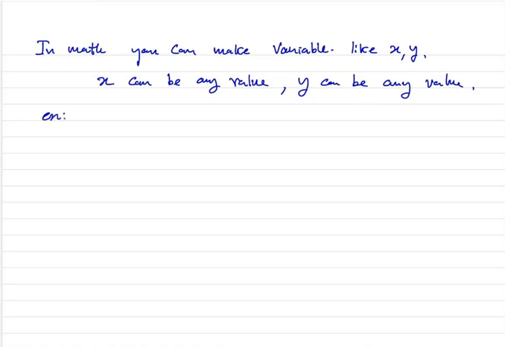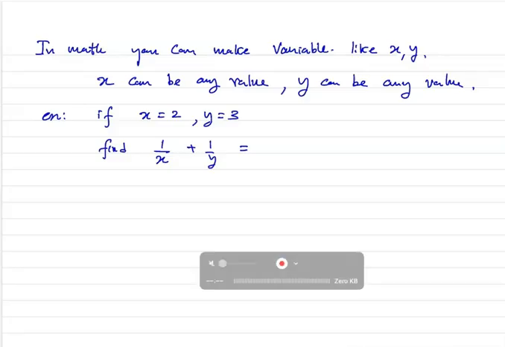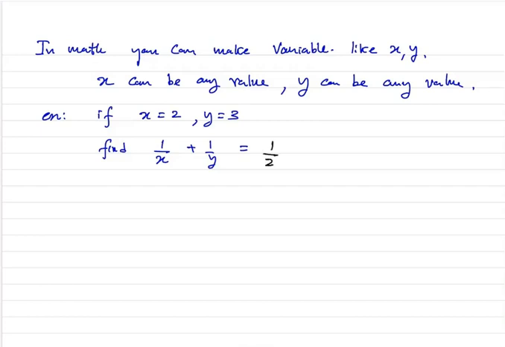Example, if X is equal to 2, Y is equal to 3, find 1 divided by X plus 1 divided by Y. Very good. So now what I'm saying here, look, I'm saying X is 2, so you just substitute that. What's wrong with it? And then Y is 3, so 1 divided by 3.